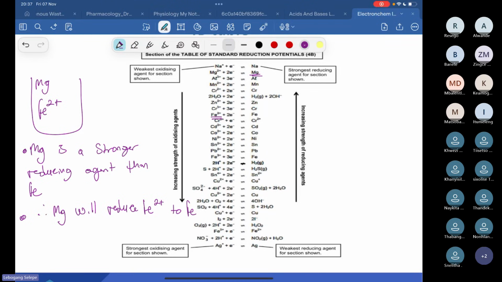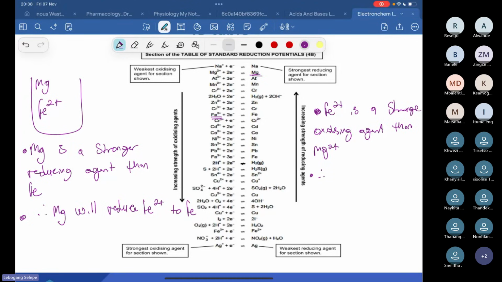Then if they say we should explain using the oxidizing agents, we're simply going to come to this side of the table. We will say that Fe2 plus is a stronger oxidizing agent than Mg2 plus.